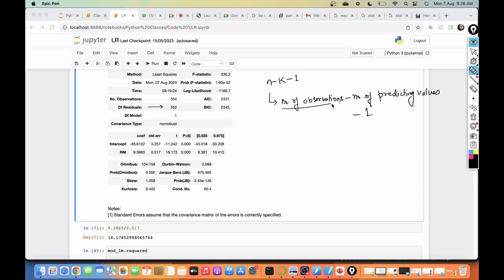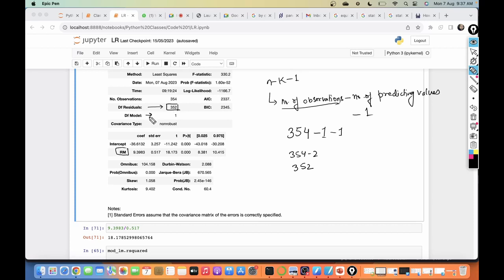How many observations do we have? 3, 5, 4. How many predicting values are we taking? Only one, that is RM, right now, simple linear regression. Minus 1 and minus 1. So 3, 5, 4 minus 2 will be 3, 5, 2. Are we getting this one? That is the degree of freedom of residual.